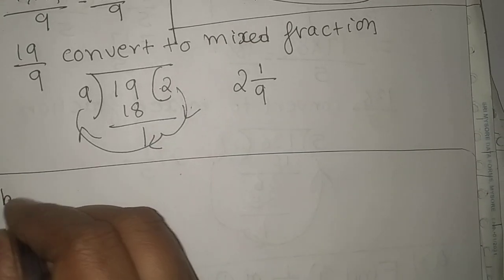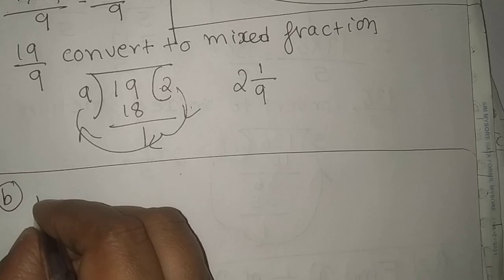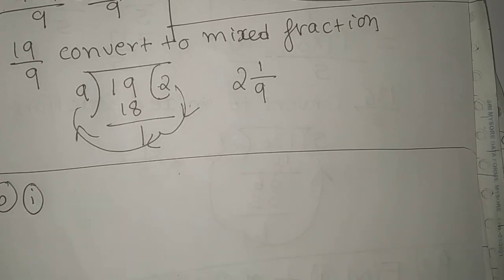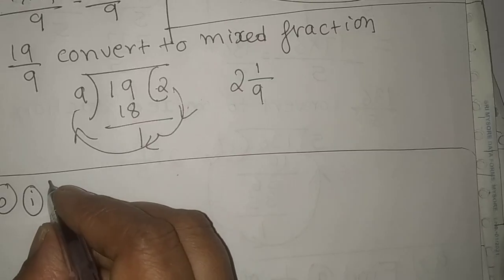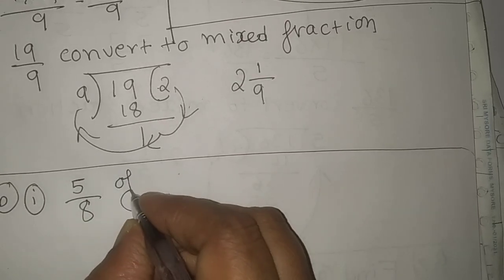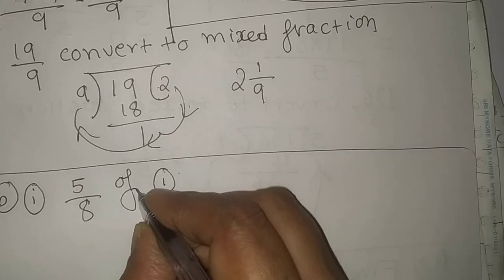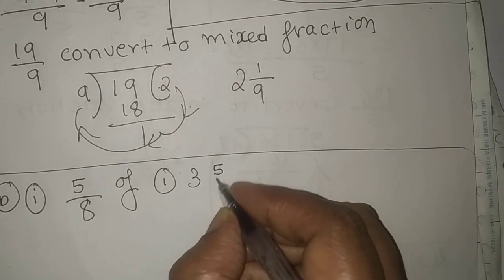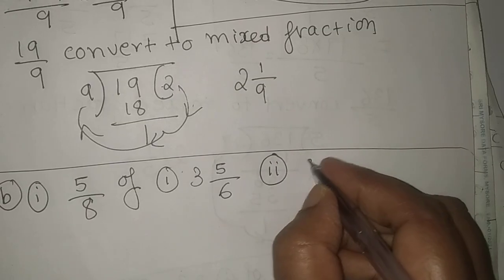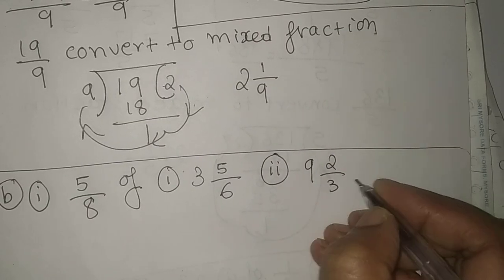Now we come to B first part. B first part is 5 by 8 of, first one is 3 5 by 6, and second one is 9 2 by 3.